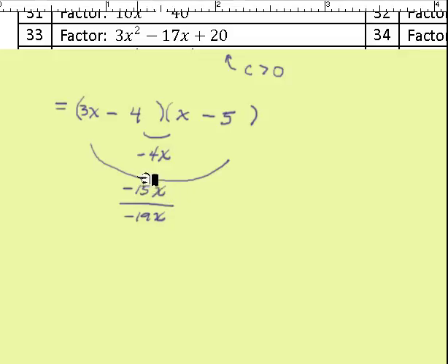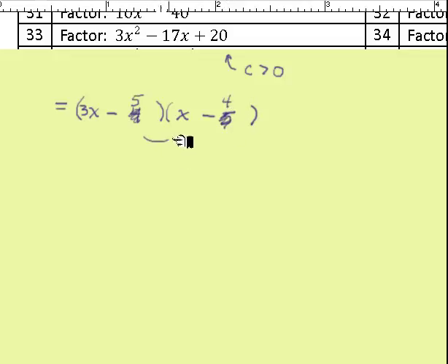All right, so we're going to try something else. Let's put the 5 here and the 4 here. So here we get minus 5x minus 12x. Add those and we have minus 17x. Okay, so that's the right factorization.